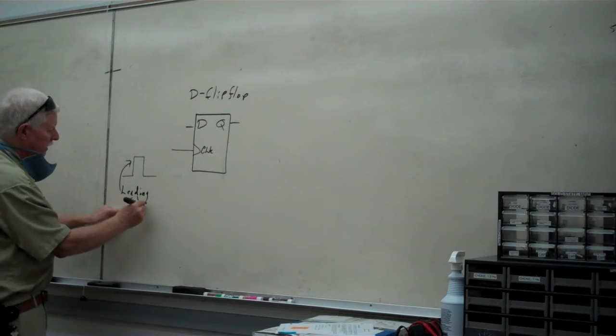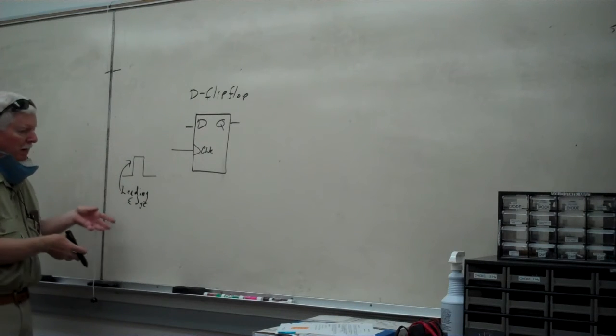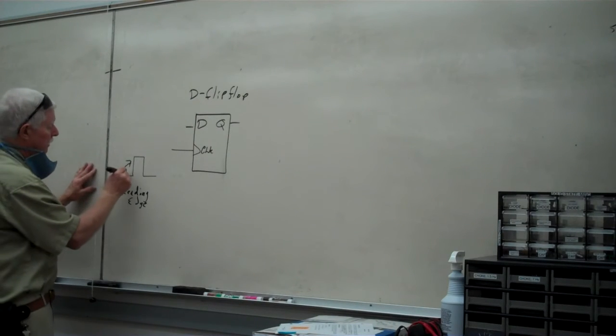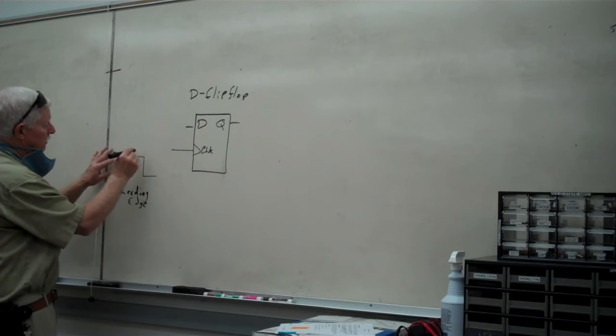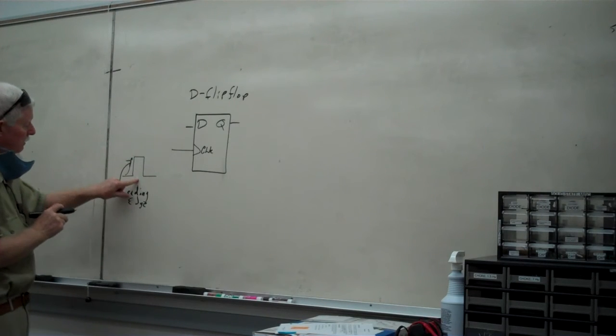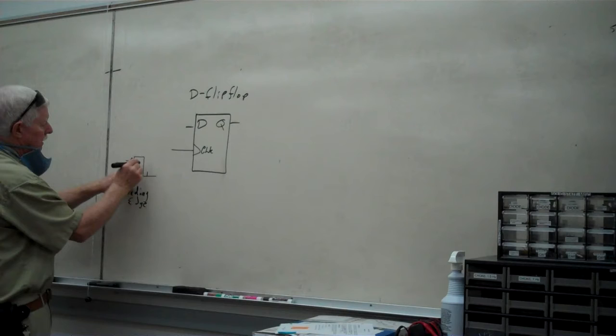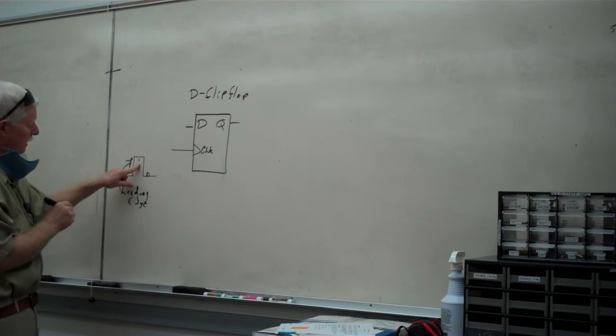This is the leading edge of that clock pulse. It's also called a positive going transition. It means it's going in the positive direction. This is our actual signal level, being logic low, which is here, and logic 1, which is right here.